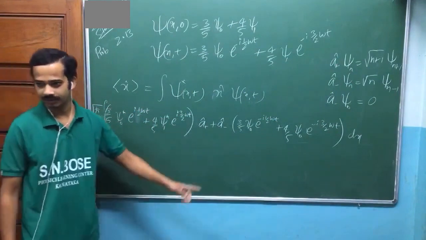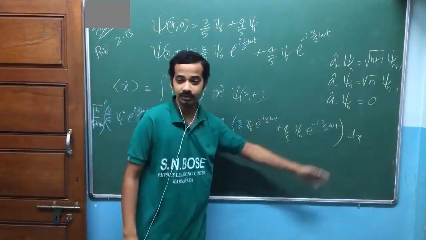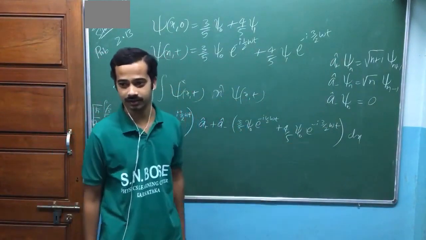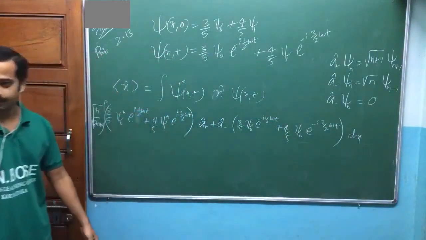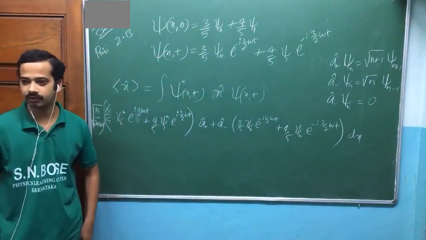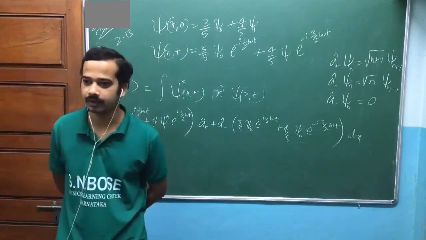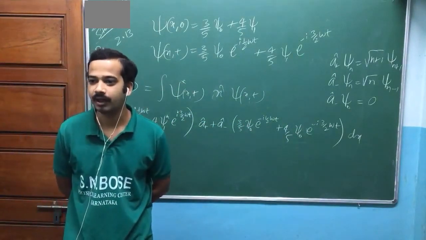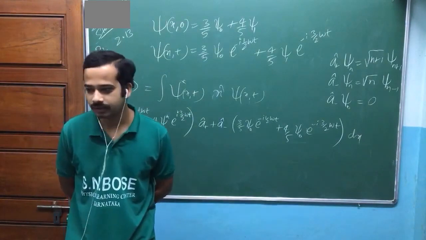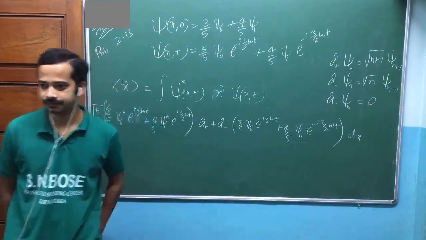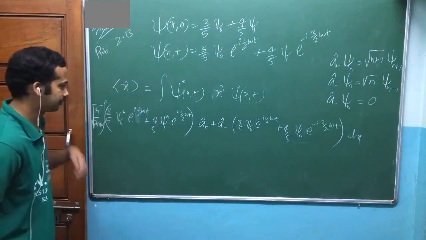Be careful, don't write psi minus 1. That kind of state doesn't exist. If it existed, it would correspond to energy half h bar omega minus h bar omega, which is minus half h bar omega. Negative energy is not possible here.